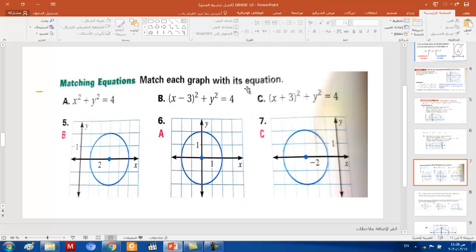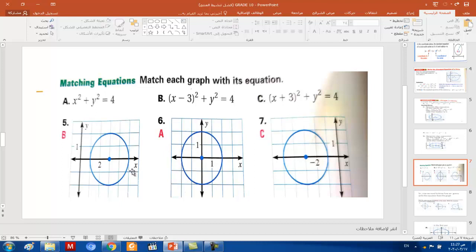Match each graph with its equation. So x² + y² = 4, (x − 3)² + y² = 4, and (x + 3)² + y² = 4. Here the center is 0 and 0, and the radius: the number squared equals 4, so the radius is equal to 2.